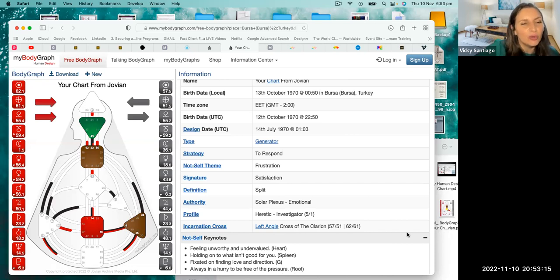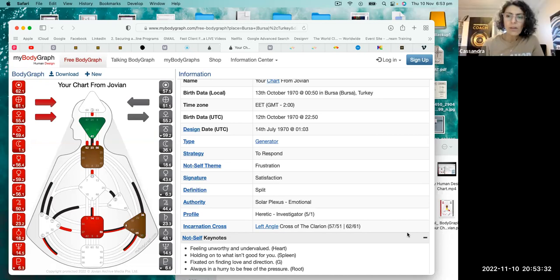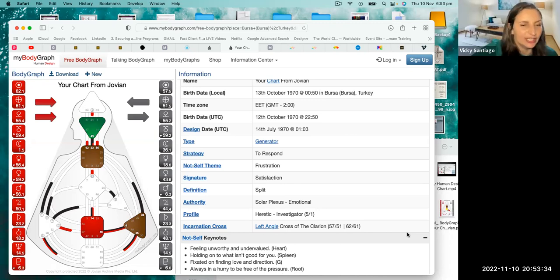If you're with somebody who has the G center colored in, which is this diamond underneath the throat, then you might find that you feel more sure about your direction while you're with them. So it's like you're borrowing their consistent energy in that area.